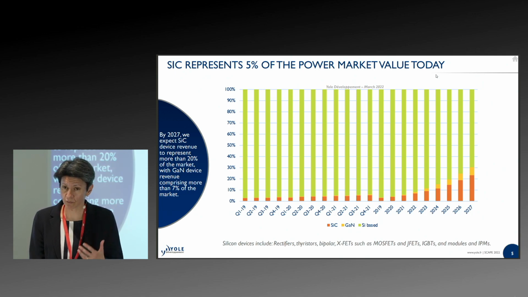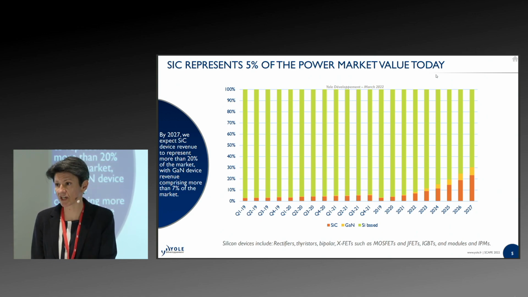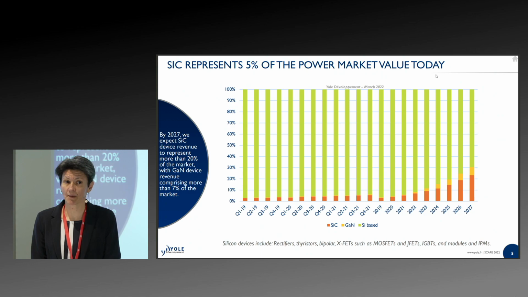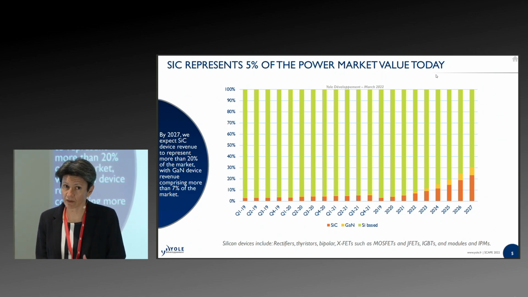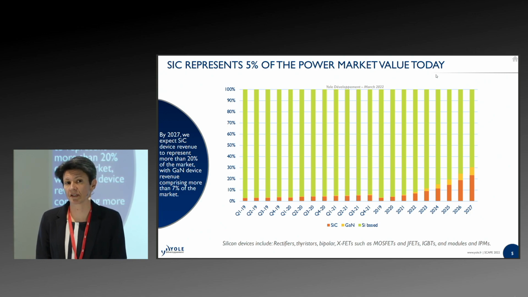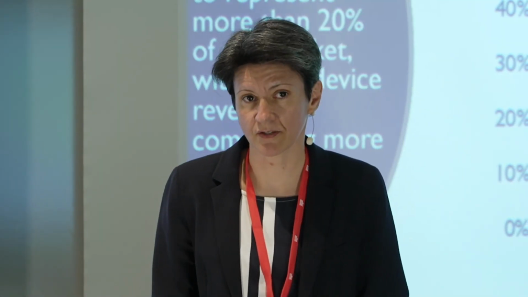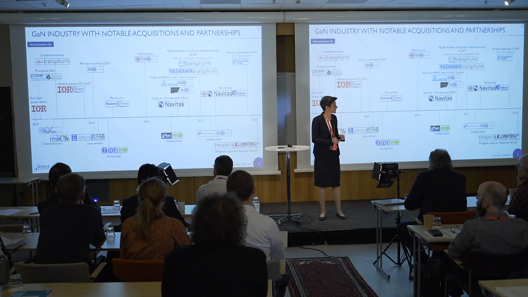But the idea is that we're really seeing more and more projects, more and more integration of this wide bandgap. And compared to 10 years ago, we are really seeing the proliferation of these technologies in major end system applications. Okay, so now let's have a few words on these power GaN devices.